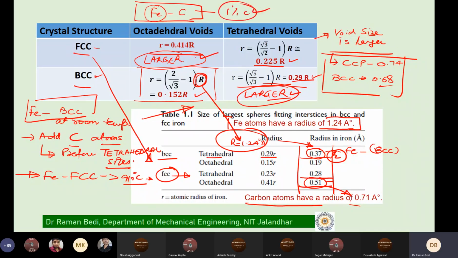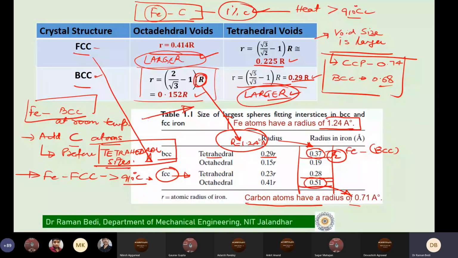I have just heated it at a temperature greater than 910 degrees centigrade, say 1000 degrees. I have not added any more carbon into the system, and I have not removed any carbon from the system. So what will happen to the carbon atoms once they were sitting in the tetrahedral sites?